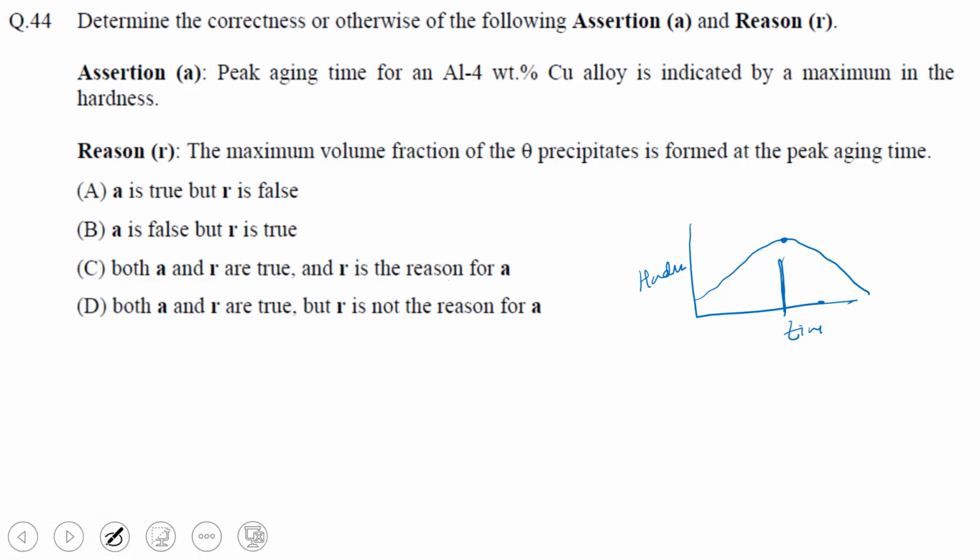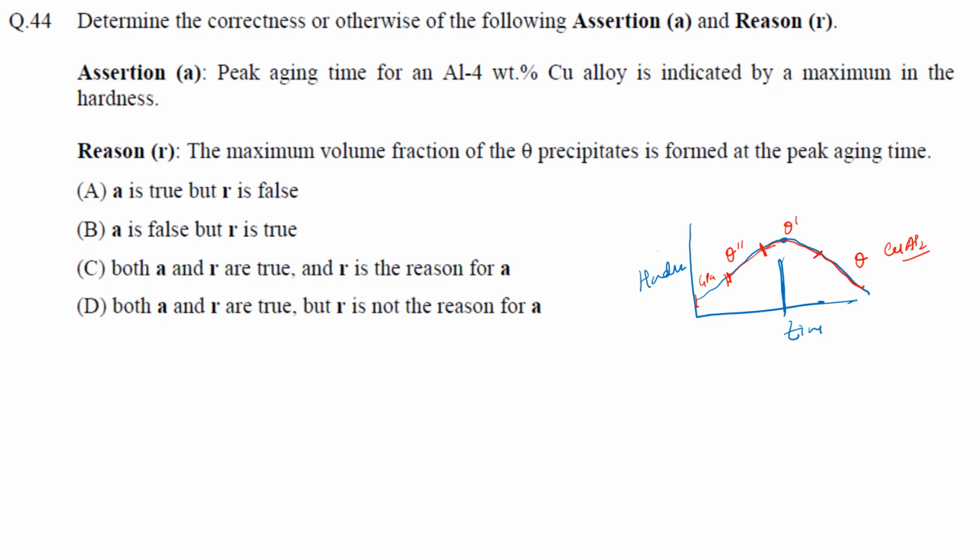So we will see here. Up to this point, this is called the GP zone, right? Up to this point, it is theta double dash, then to this point it is theta dash, then in the end it is theta, that is CuAl2, for copper aluminum.